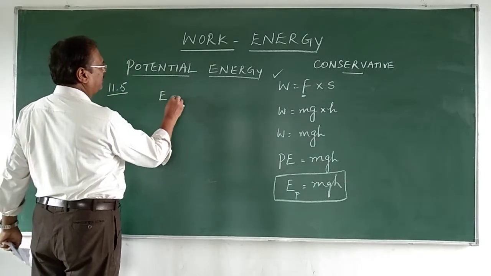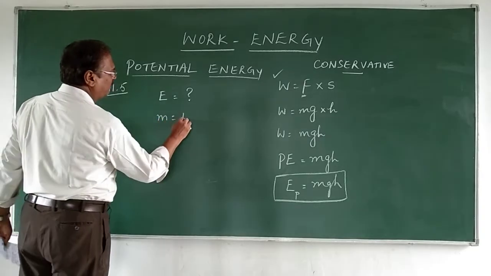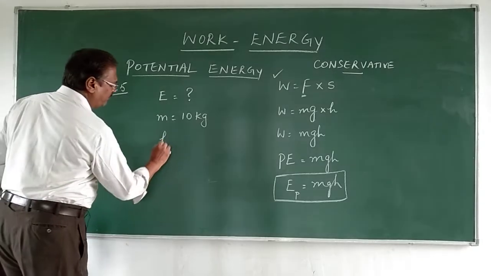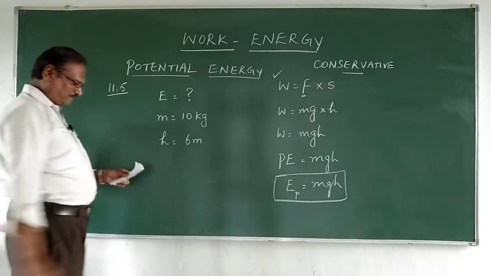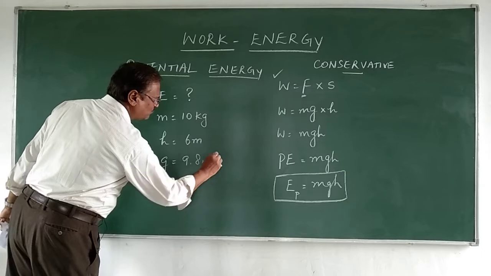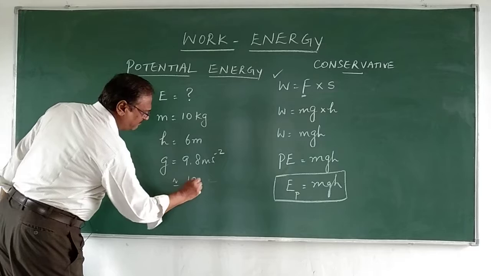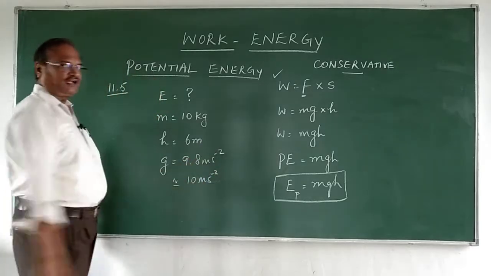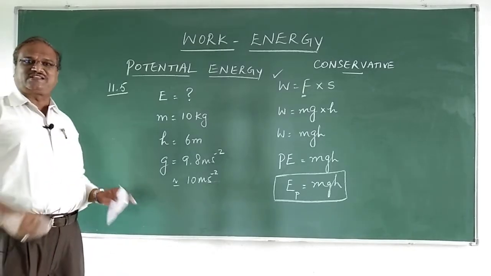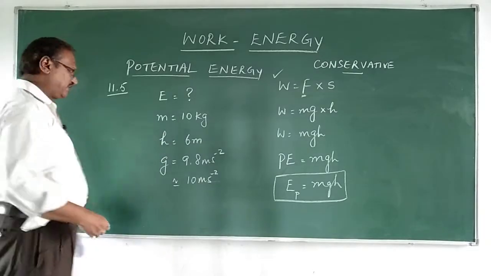When the mass of the body m is equal to 10 kilogram, that is the SI unit, and height of the body h is equal to 6 meter, and g is equal to 9.8 meter per second square, but I always approximate it to 10 meter per second square, because for me the concept is more important than the calculation. Calculation is something more to do with mathematical thinking. So concept you should learn in physics.